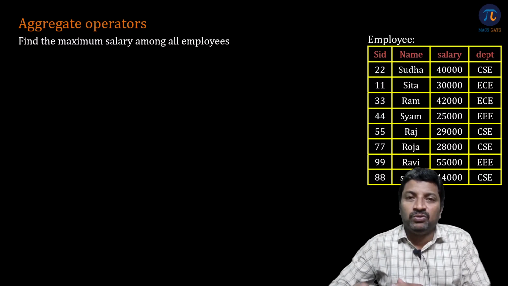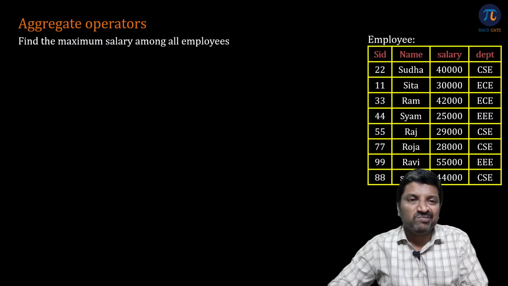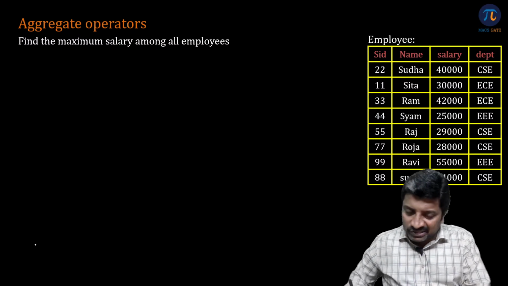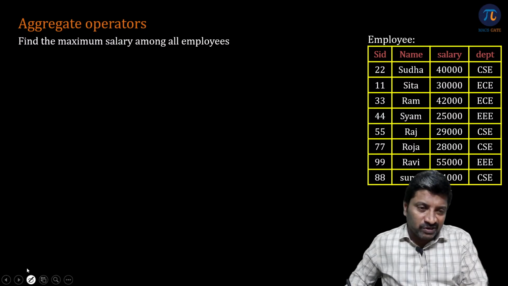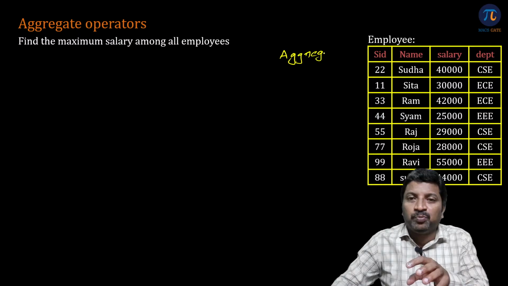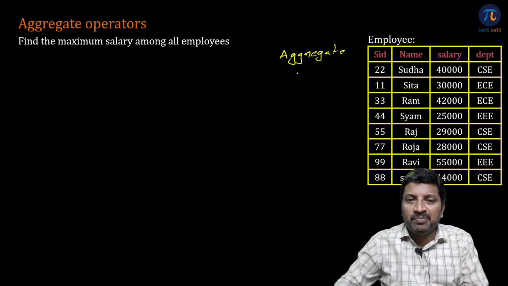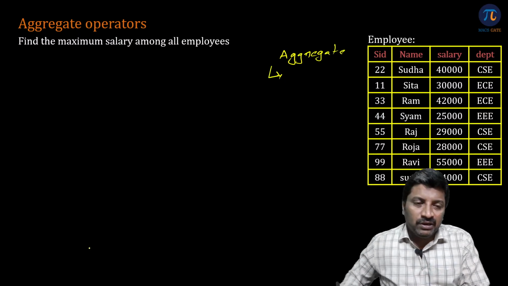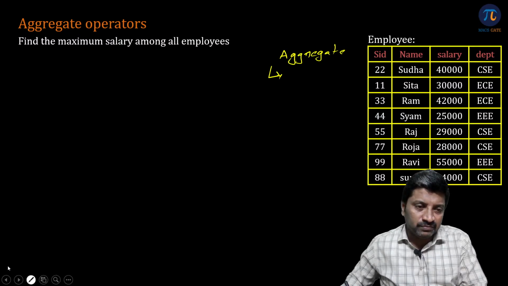Before going to the GROUP BY operator or GROUP BY clause, first let us discuss aggregate operators. What are the aggregate operators? I think we have already discussed them. They are operators which deal with a group of values.